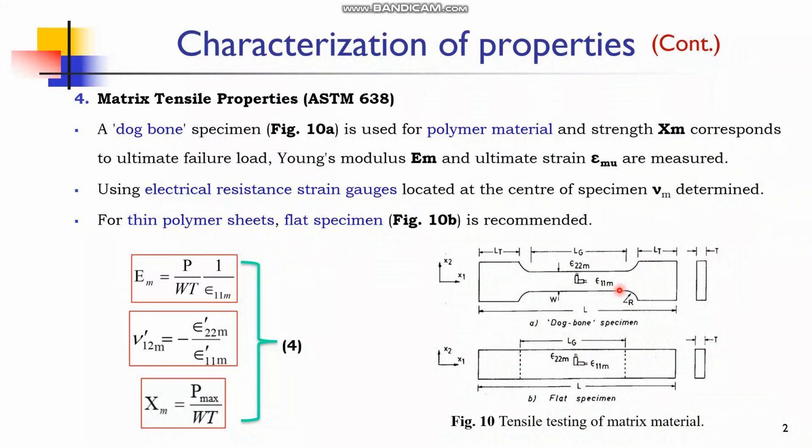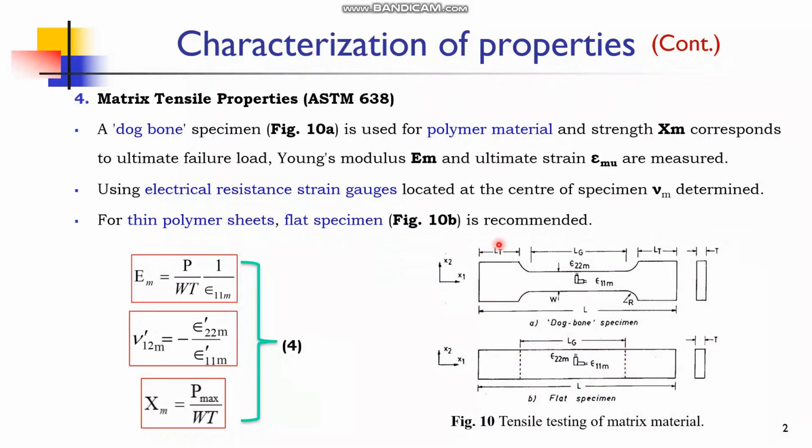Because of the larger width at the ends, the grip region is strong. Whereas in a flat specimen, the width is uniform throughout the length, so high stress concentration can occur near the grips, and hence the failure could be premature. The obtained tensile property is then less than the real value.